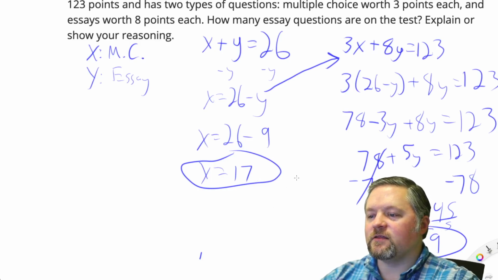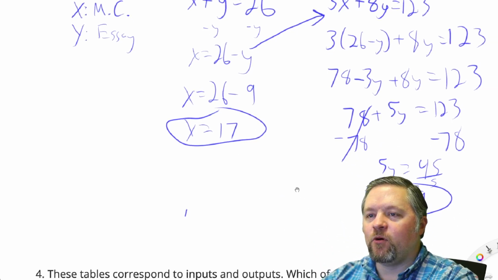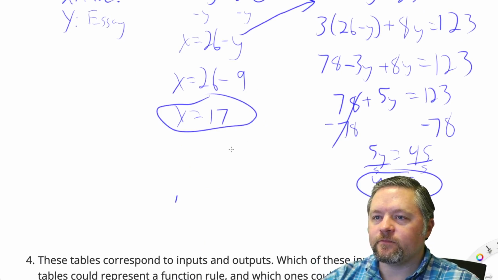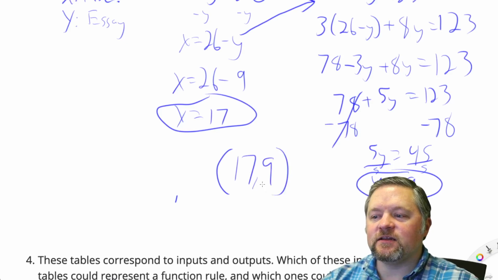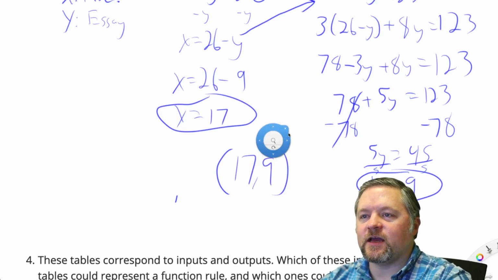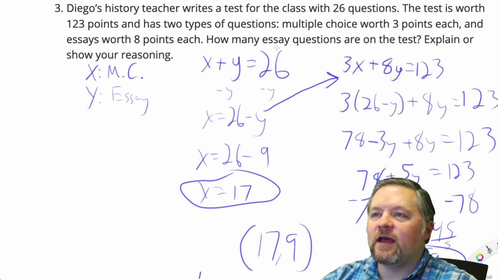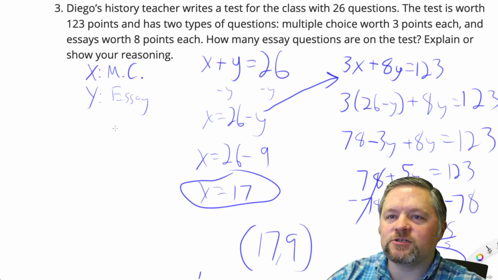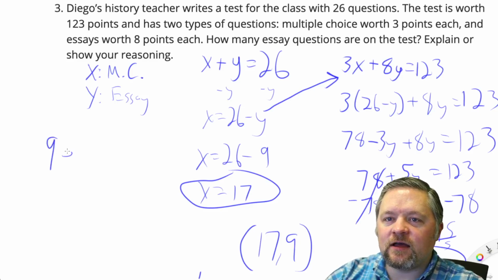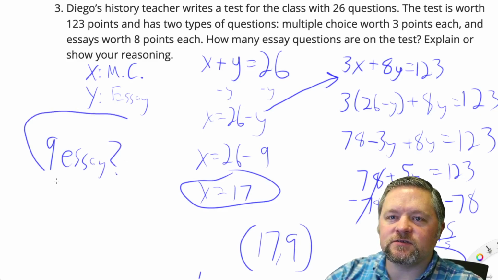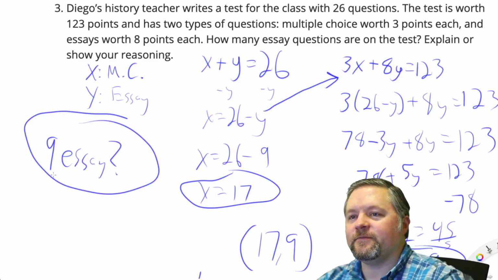I could write this value as a point, (17,9). That's a point once we know the X and Y value. Let me go up here and see what the real question is. How many essay questions are on the test? Y is essay questions. 9 essay questions. Hooray!